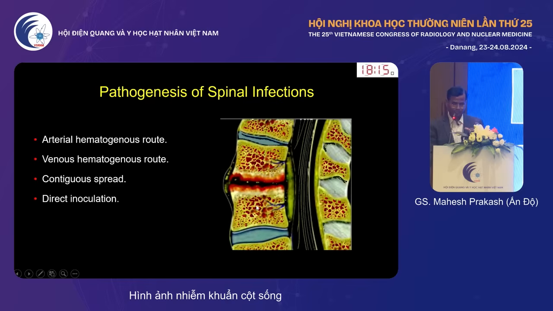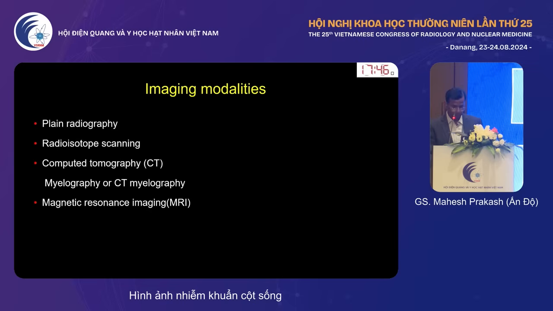In hematogenous infection, because of the rich vascular supply, the bacteria get entrapped here and cause end plate infection, and then infection of the adjacent vertebrae as well as the disc. In most cases the infection starts from here and then can progress later on.